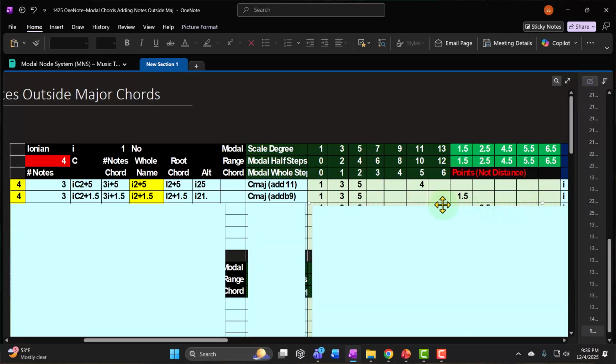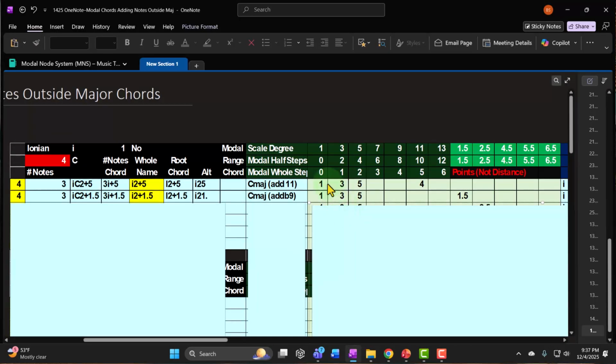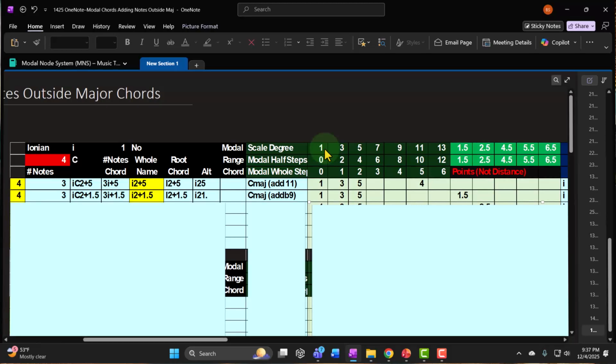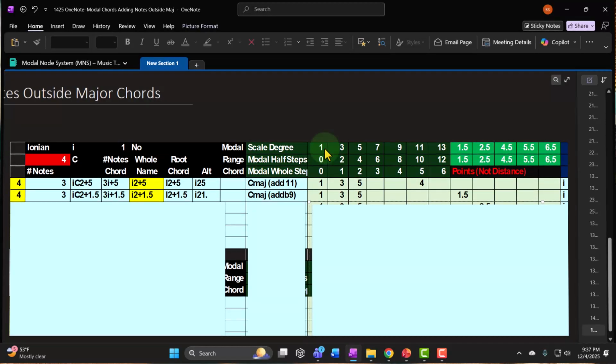Well, instead of looking at distance, which I can't really do as easily because it's a note that's in the ocean, and a modal whole step represents notes that are within the collection, modal half steps also, the scale degree system also basically includes notes that are in the system as well, but you can sharp and flat them. That's how you kind of deal with it with the scale degree.